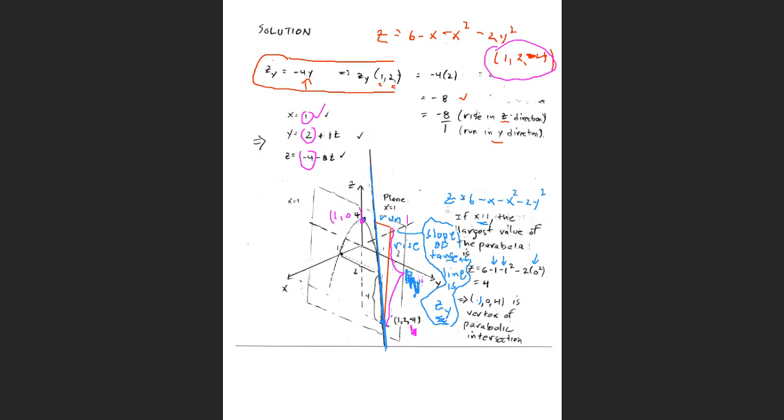If the slope is negative 8, the direction vector is going to be 0, 1, negative 8. In other words, the vector (0, 1, -8) has a slope of negative 8 over 1. That's why over here I can put a plus 0t, and why you have those coefficients of 0, 1, and negative 8.